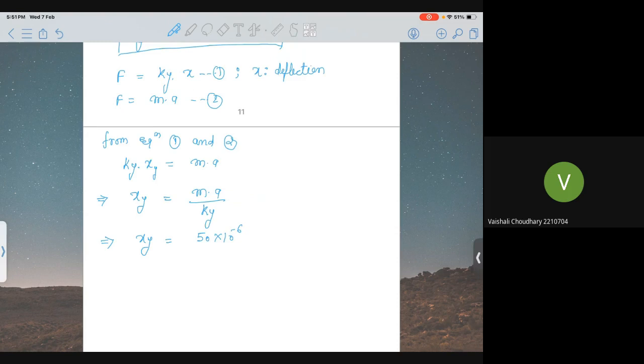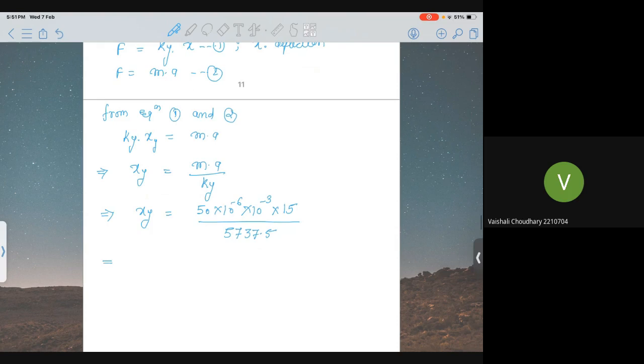First we have to convert these grams into kilograms, so we multiply with 10 to the power minus 3. Then acceleration is 15 meter per second square and the spring constant is 5737.5 Newton per meter. So if you solve this, you'll get a deflection of 0.1 micrometer.